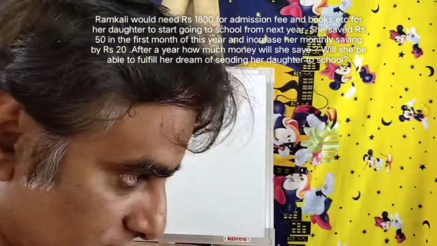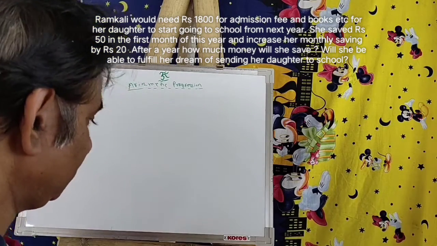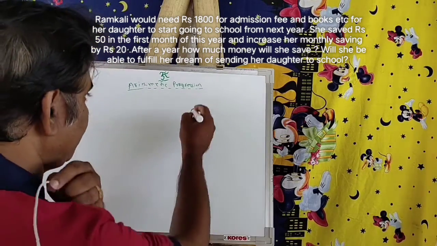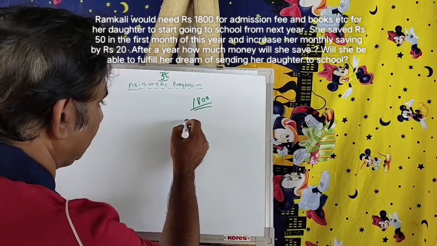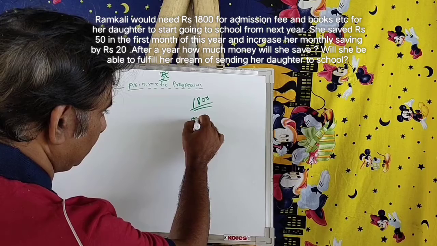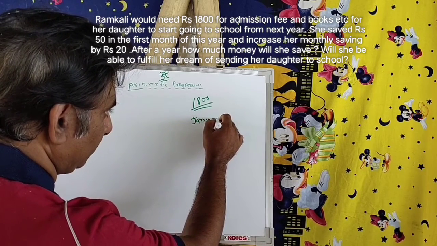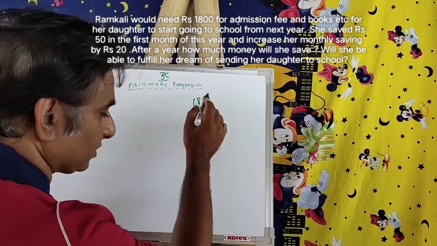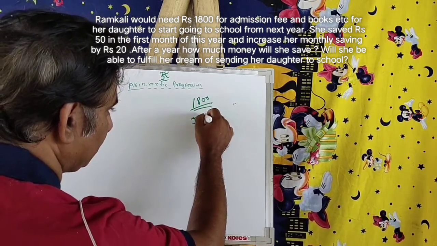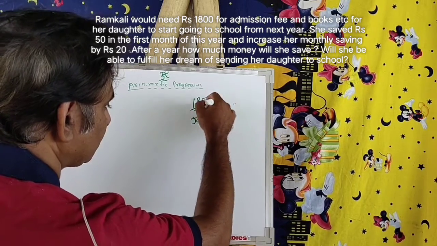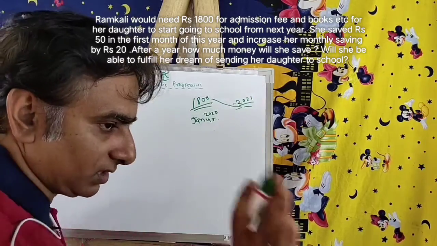Okay, so let me explain. The question is: one person would require 1800 rupees in the next year. Let me say this is January. In the month of January, she got the information that she requires 1800 rupees next January. That means right now it is January 2020, and in January 2021 she would require 1800 rupees. Understood?